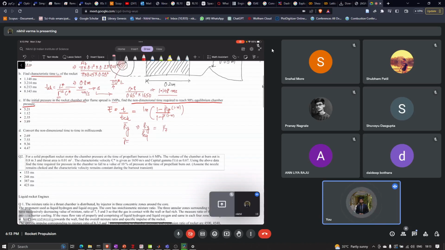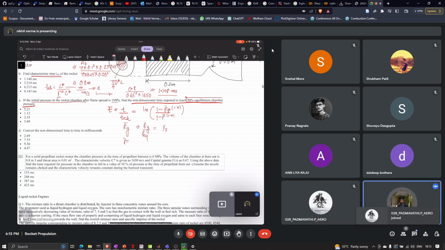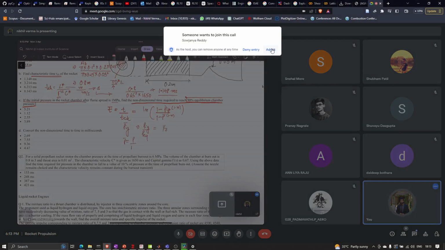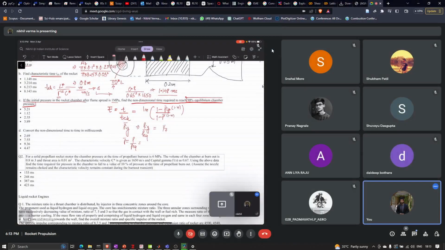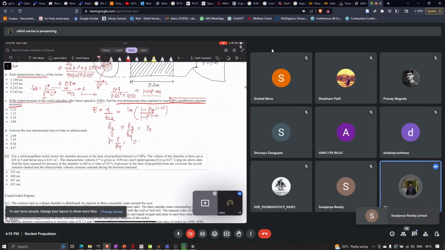It is given that 90% of the chamber pressure should be achieved. So this should be P by P equilibrium, which you will get as 0.9.